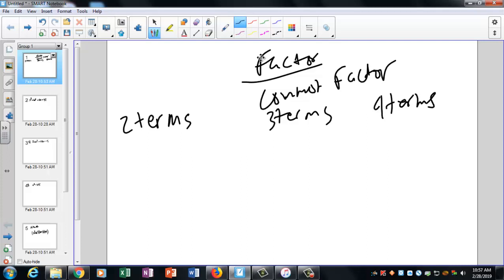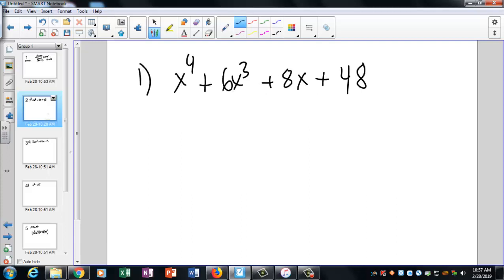The number of terms will dictate how you go about solving it. As we go through this, we'll come back to this slide to look at what we're supposed to be doing.